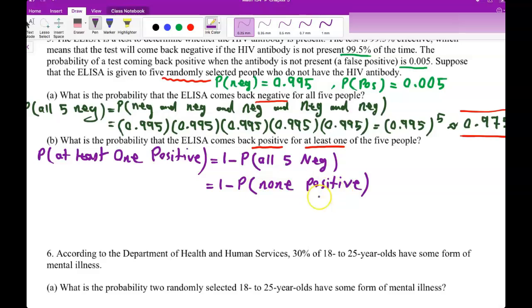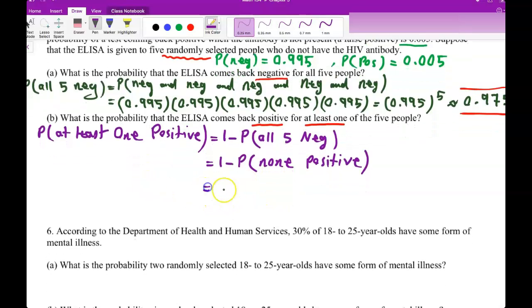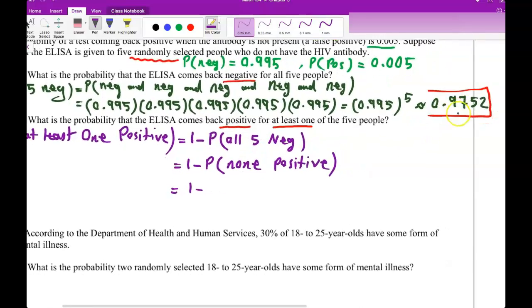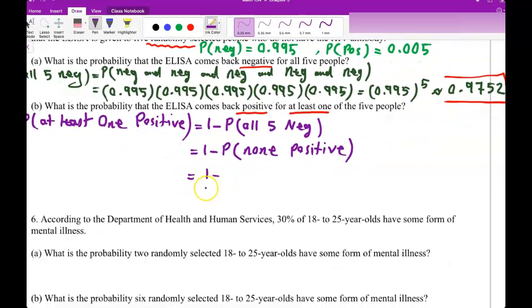And when you have none positive, you subtract that from 1 to get at least 1 positive. The answer: we already have the answer for all negative from the previous part, 0.9752, and that gives 0.0248, rounding it.